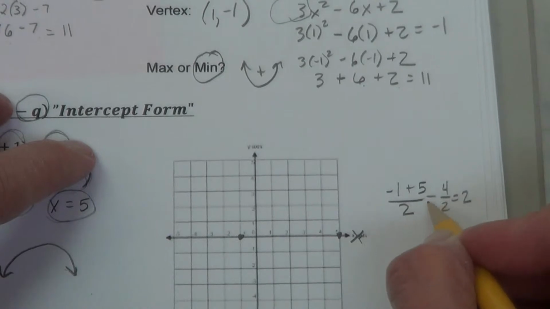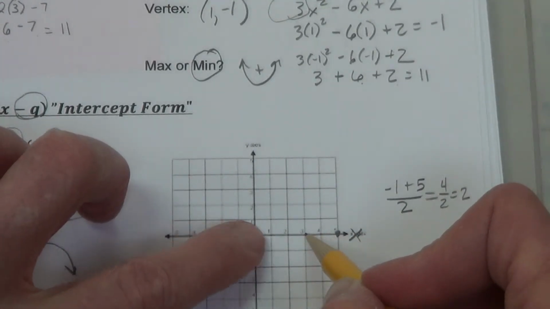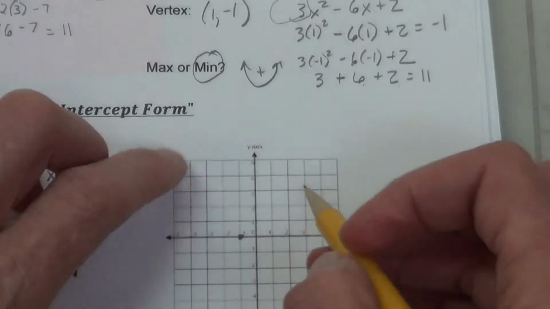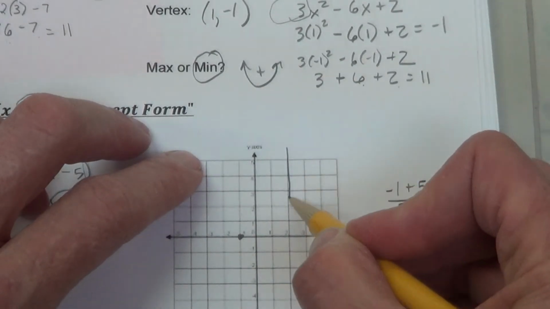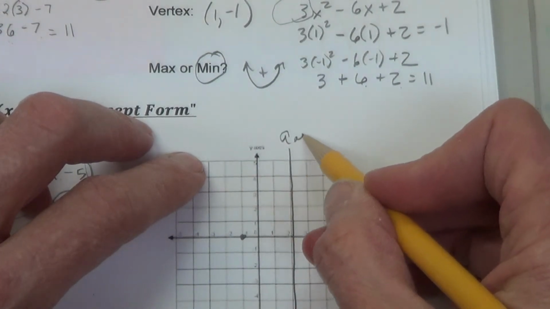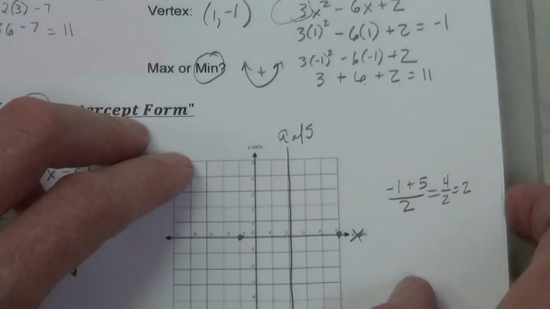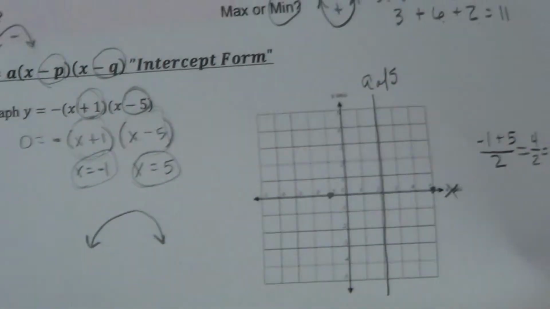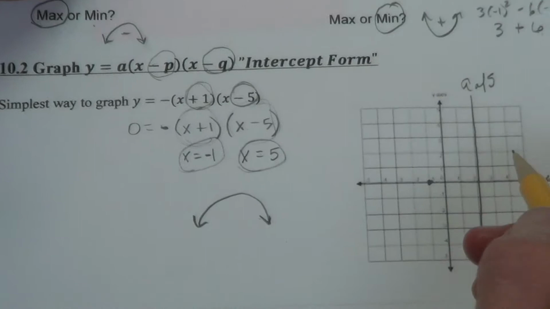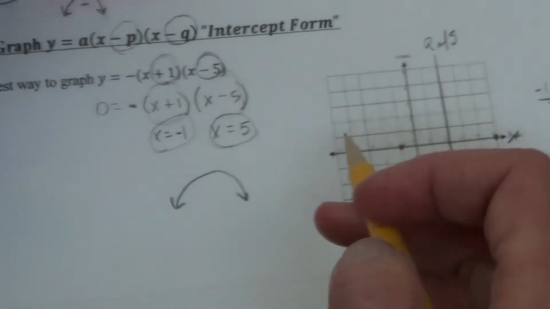Or you can do it graphically and just count in 1, 1, 2, 2, 3, 3. There's my axis of symmetry right on that 2. Please label it up above, just like I asked you to in the other section. Now, all that we need to do to find our vertex is plug in that +2 to our equation.